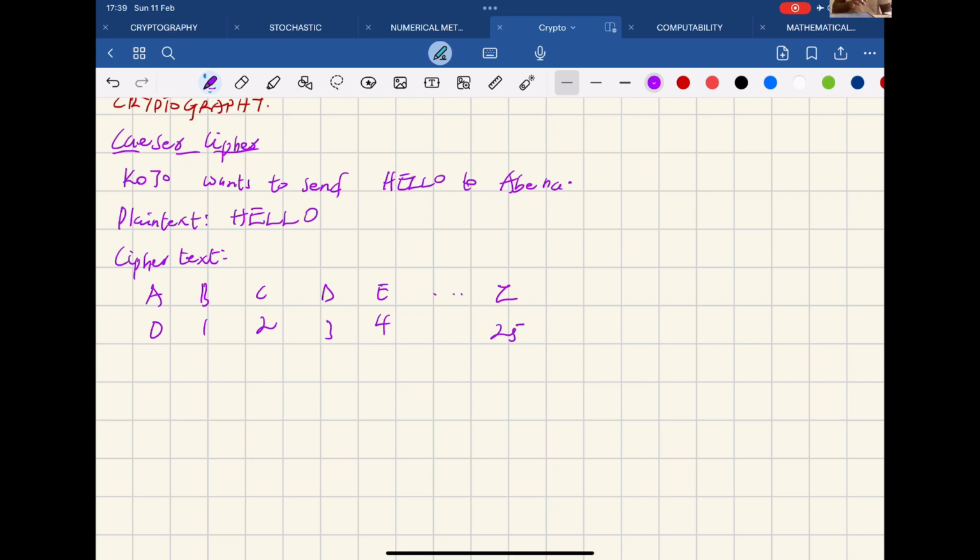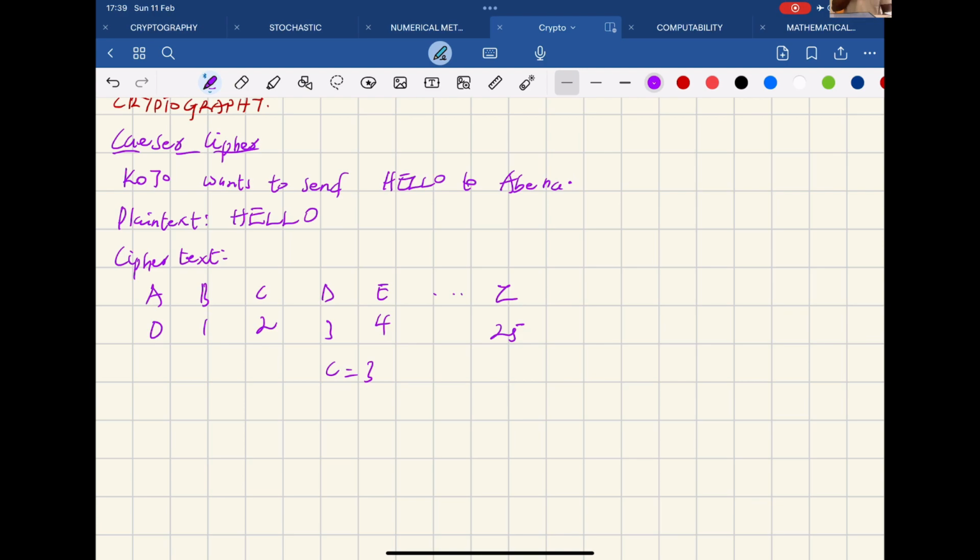So we have 25 different shift transformations. So for instance, if I decide to use C to be my key, if I say that C is equal to 3, then Abena also knows that C is 3.